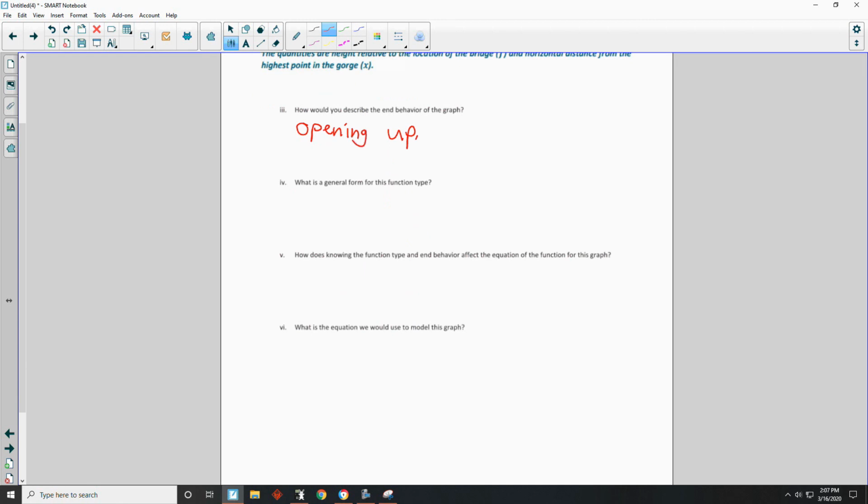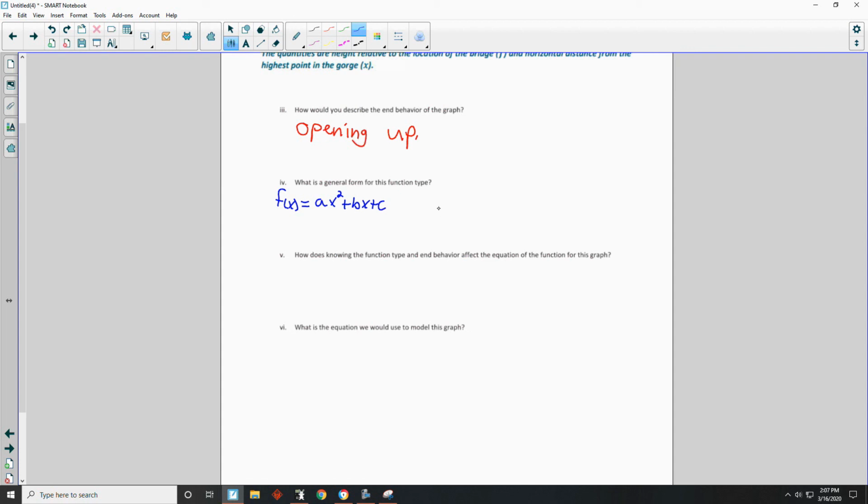Okay, so if we're going to say that this is a parabola, which we are, then what all they're saying is, what's the form of the function? So you could say f of x equals standard form, which is ax squared plus bx plus c.